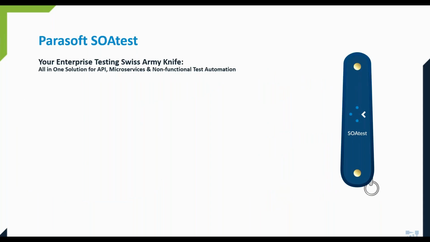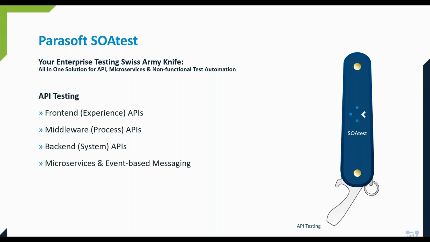So now let's take a moment to introduce Parasoft SOAtest. We like to think of SOAtest as your enterprise testing Swiss Army knife, an all-in-one solution for API, microservices, functional and non-functional test automation. SOAtest helps teams to easily adopt or scale API testing with a scriptless approach to test creation.